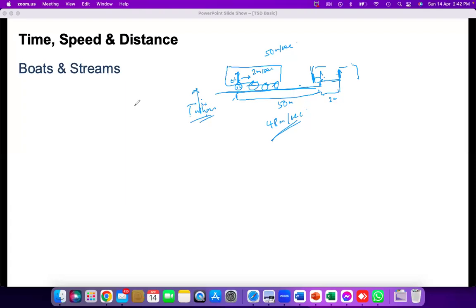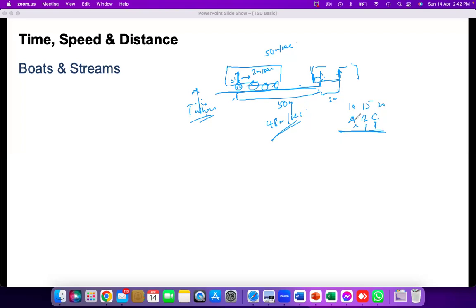For example, 3 persons are moving, A, B, C, all 3 are moving. Speed is 10, 15 and 20. How do I say 10, 15, 20 meters per second? Because that is with respect to Earth. For all 3 persons, the frame of reference is Earth.